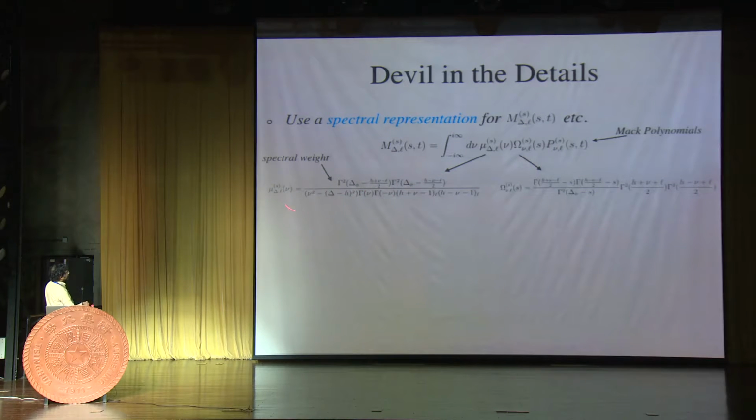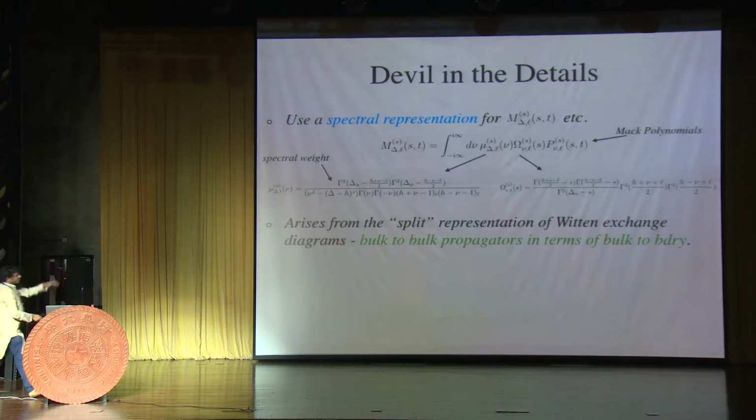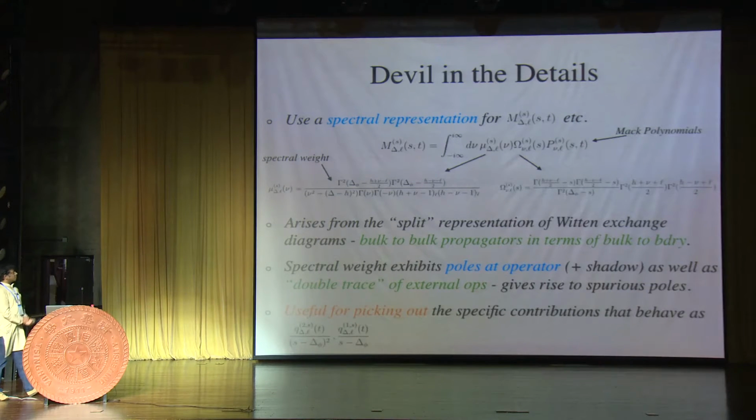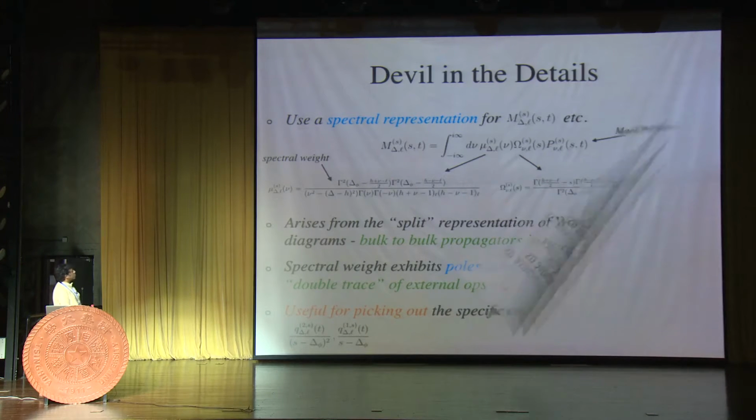The spectral weight shows that there are poles at the physical operator, but there are other poles as well. This arises from writing bulk-to-bulk propagators of Witten exchange diagrams in terms of products of bulk-to-boundary propagators. And the spectral weight, as I said, exhibits poles at operators, as well as the double trace contribution, which gives rise to the spurious poles. And this is useful for picking out these specific contributions that I said correspond to the double poles and the single poles.